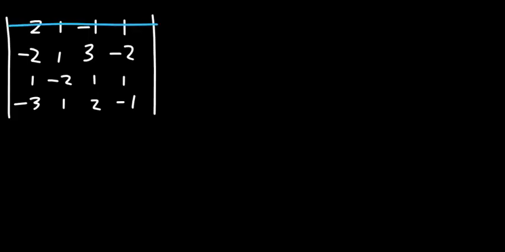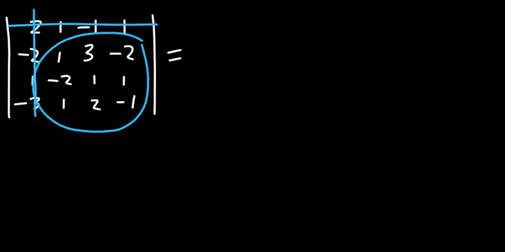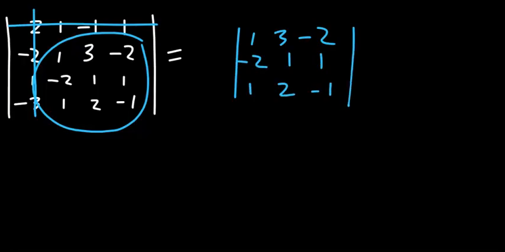So we will start with the first element in the first row, namely 2. The cofactor of that element 2 consists of this determinant of order 3, which is 1, 3, minus 2, minus 2, 1, 1, 1, 2, minus 1, multiplied with minus 1 to the power of the row of element 2 plus the column of element 2, which is 1 plus 1.